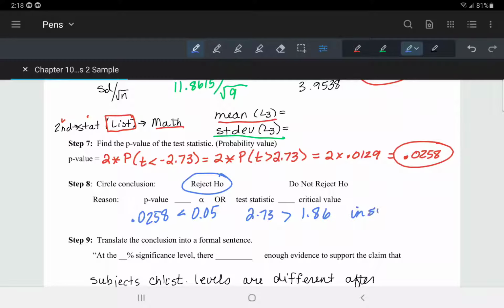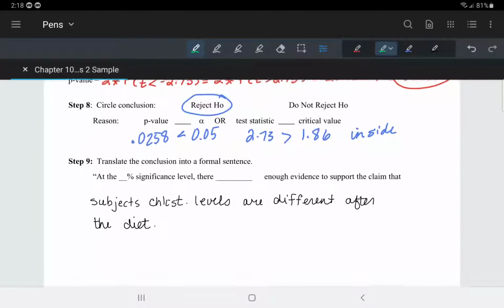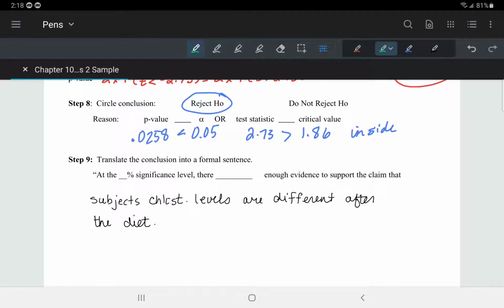That is, it is inside the rejection region. And then we can translate the results of this into our formal sentence. So at the 5% significance level, we are rejecting the H sub 0. So there is sufficient evidence to support the claim that subjects' cholesterol levels are different after the diet.